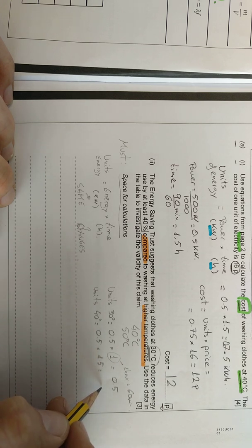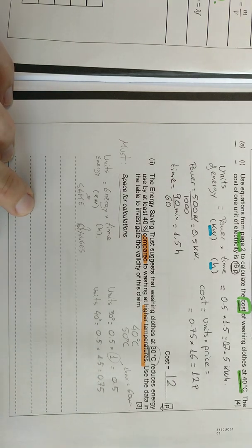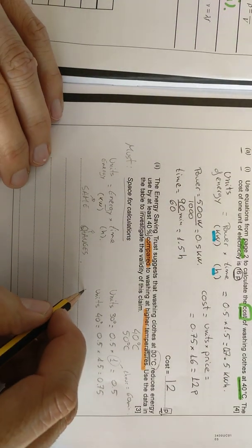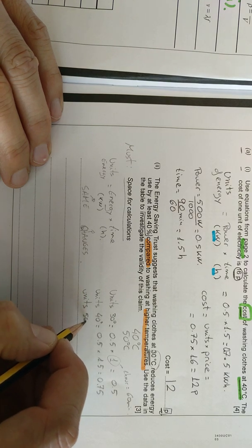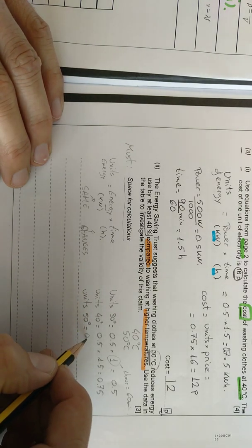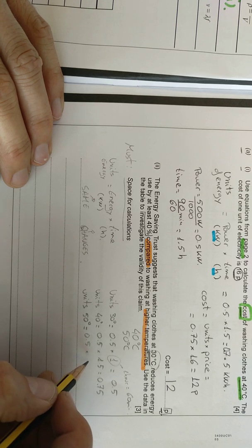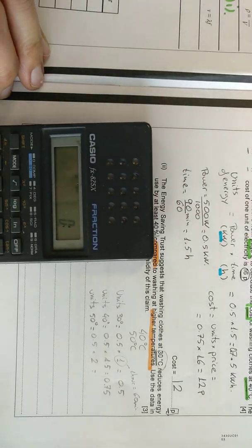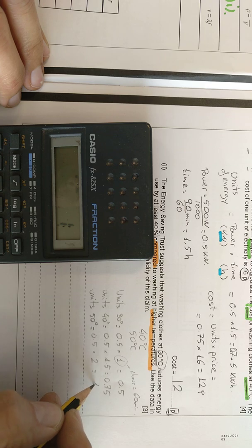And the units at 50 degrees are equal to 0.5 times 2. Okay, I got 0.5 times 1.5 equal to 0.75, and 0.5 times 2 equals 1.